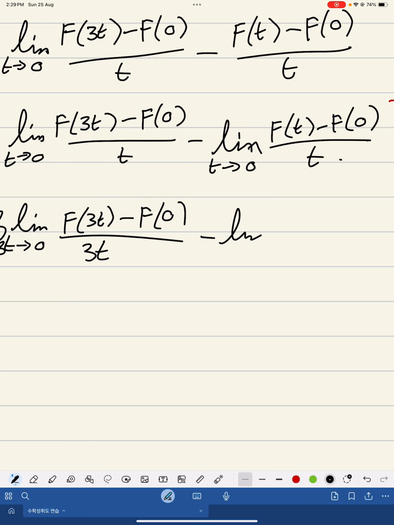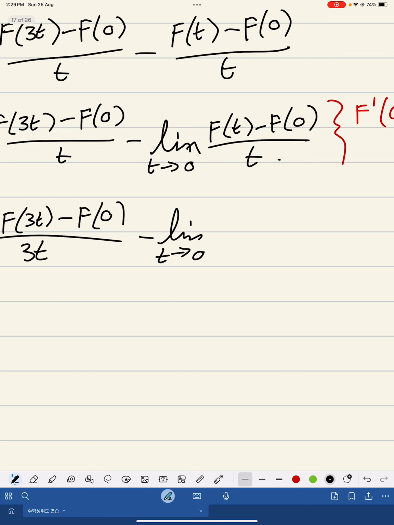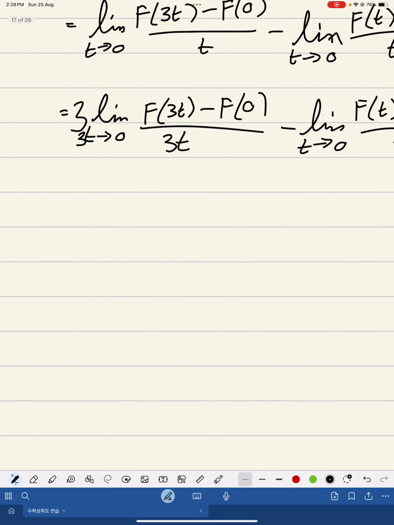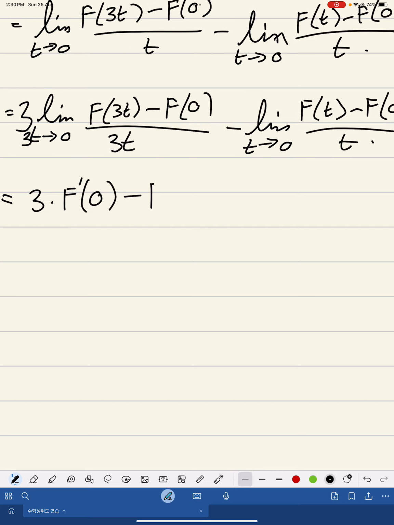Minus the limit as t approaches 0 of F of t minus F of 0 divided by t, right? This limit we can now write as 3 times F prime of 0, minus F prime of 0, right?